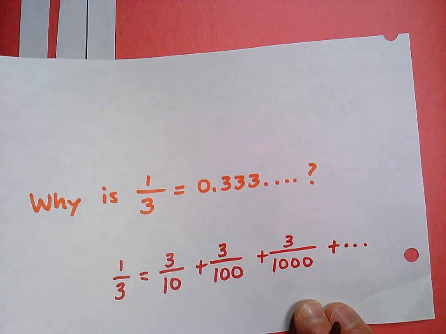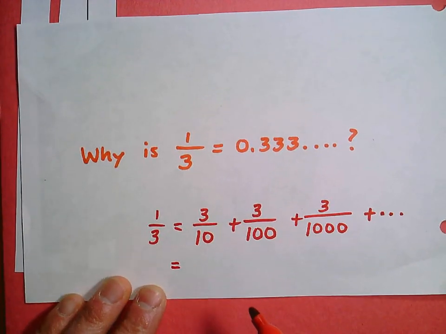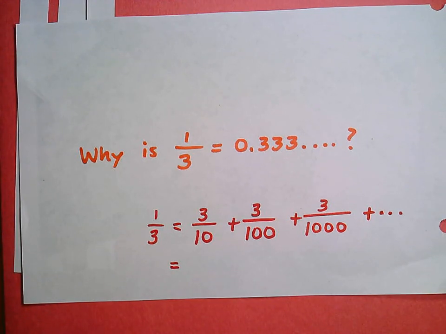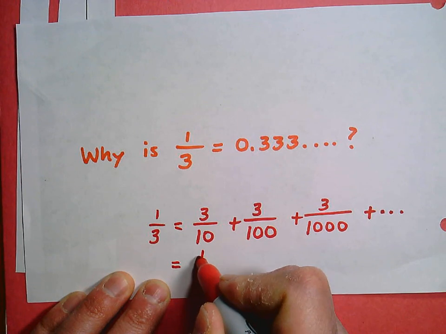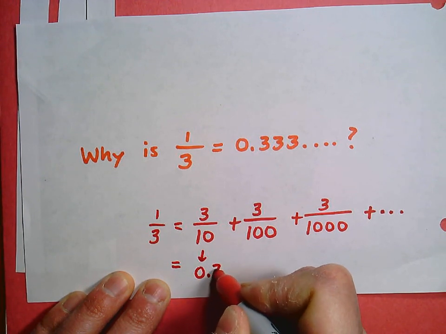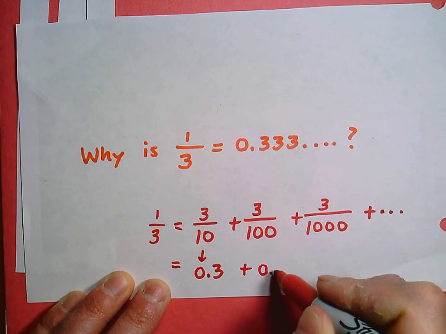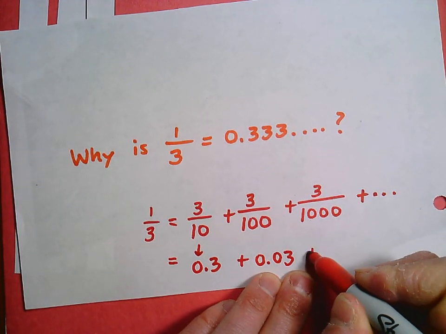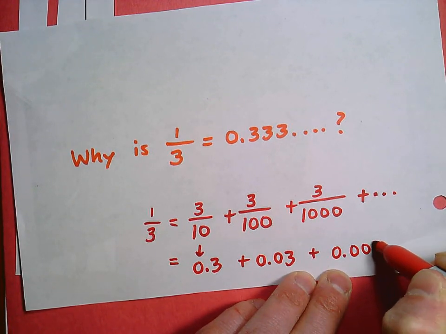So why does this prove what we sought out to do? This again is the important part. It's the connection between the fractional representation and the decimal representation. So 3 tenths, right? This one right here is going to be that. 3 hundredths, right? All about the place value. And then 3 thousandths.